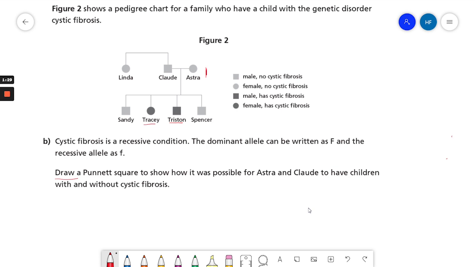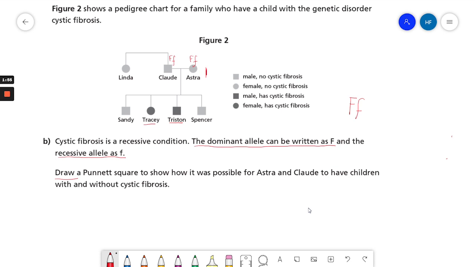So their genotypes must be big F, little f, and we can actually write it on here. And I know that I need to write the genotype like that because this part of the question says the dominant allele is written as big F and the recessive allele is written as a little f.